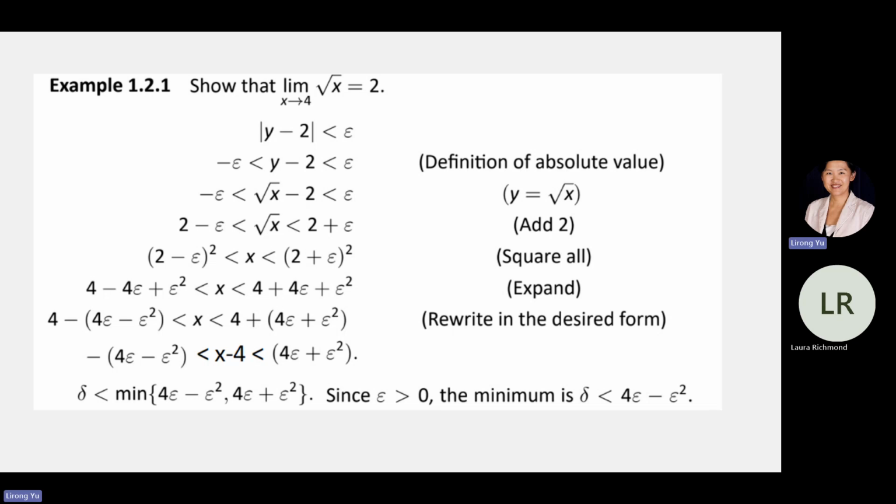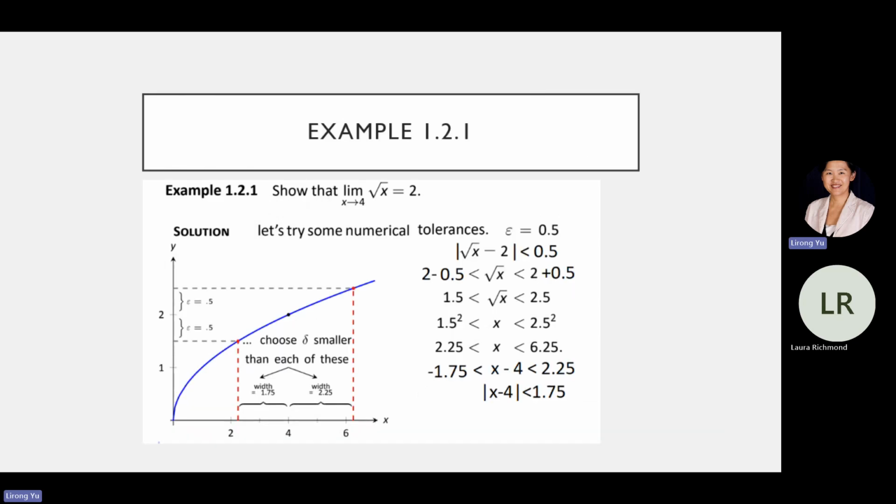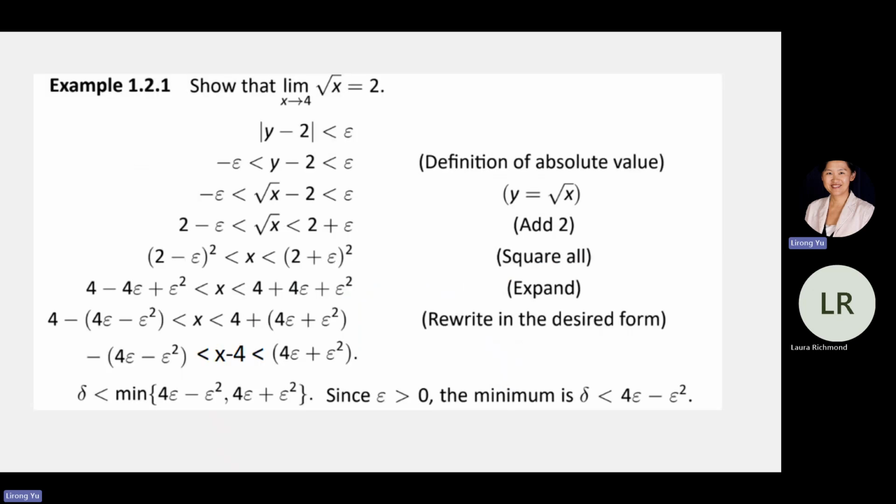This process is pretty much the same process as here, except this one we use the actual number for epsilon. The epsilon is 0.5. This one we have the arbitrary epsilon. That's why the process had the epsilon carried along with it.